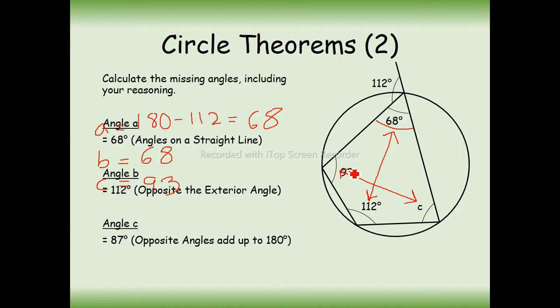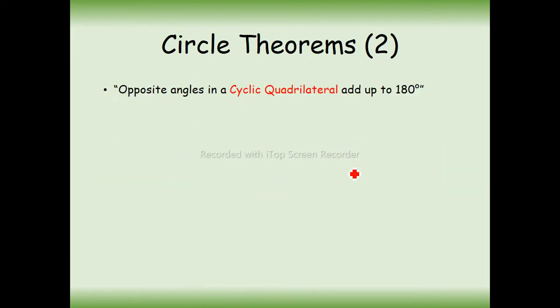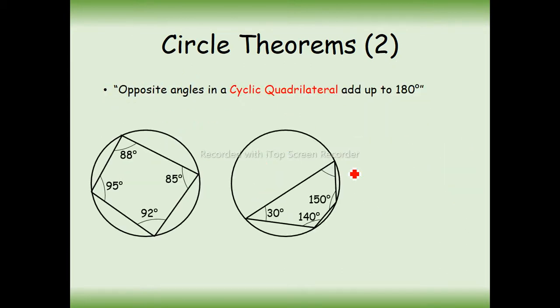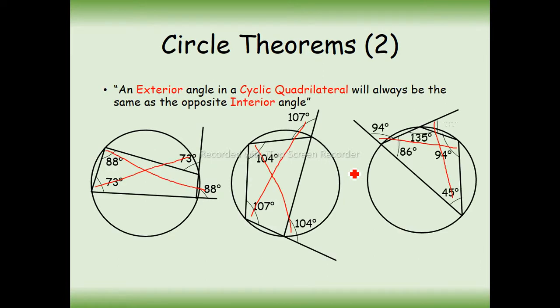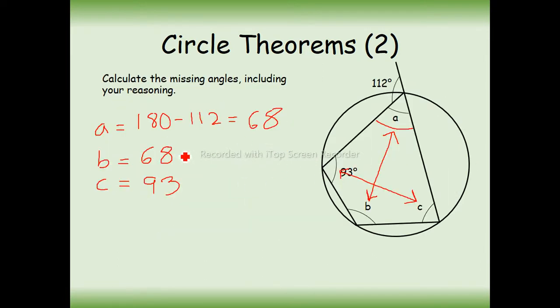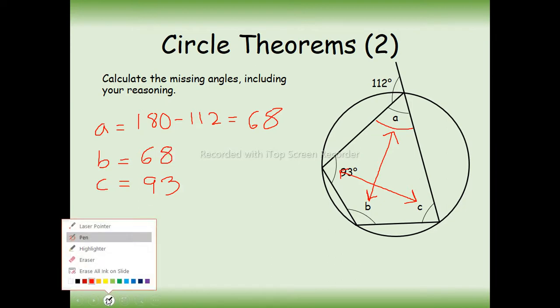Wait, you have 112 there. Wait. They subtracted, right? Oh, we were wrong. It's not equal to 180. That's our fault. Thank you, because I was getting confused. The rule says not that they are equal. The rule says that they add up to 180.